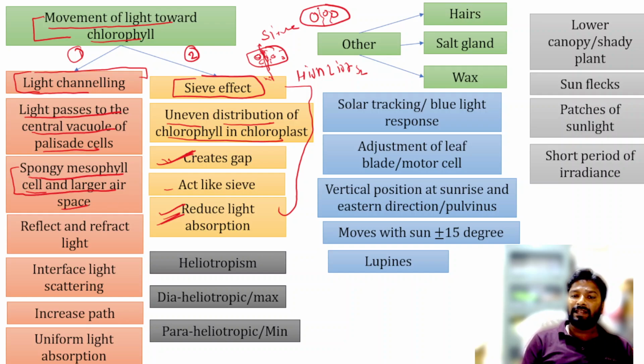So when light strikes these central vacuoles and the air spaces, it reflects the light, and there is light scattering. So there will be a scattering of the light.